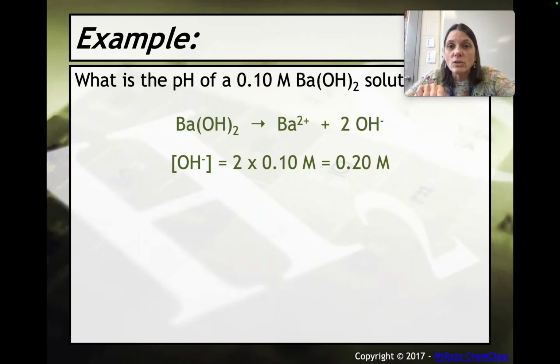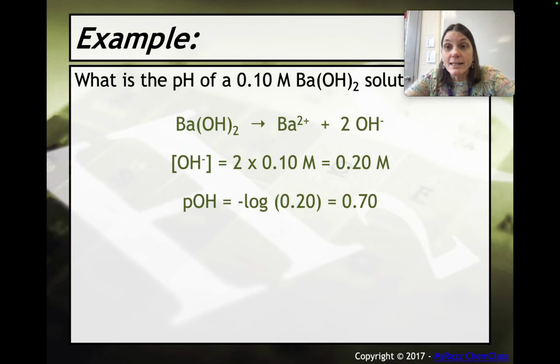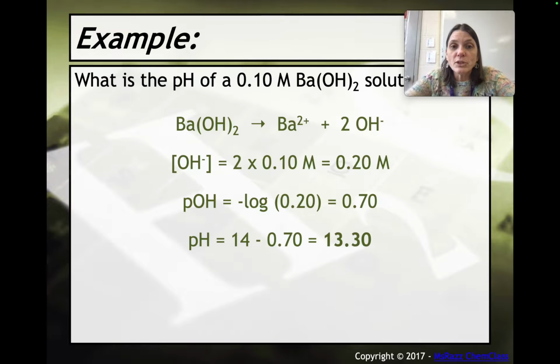So our OH concentration is 0.20 molar, twice the original concentration. This is the way I like to do it. The negative log of that gives us our pOH value. Then 14 minus the pOH gives us the pH. Notice that it's very close to 14. It should be because it's a strong base. If you were getting a low number, that's a good clue that you skipped a step somewhere.